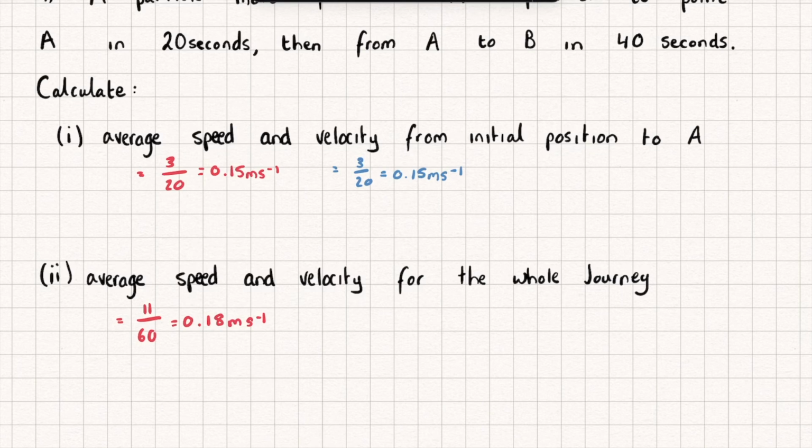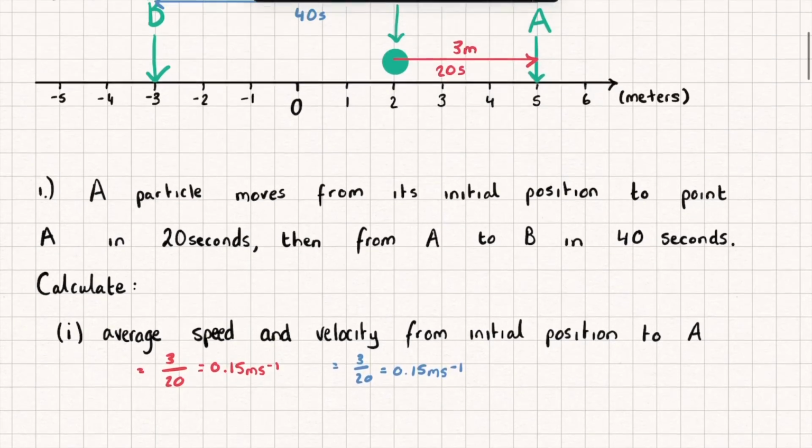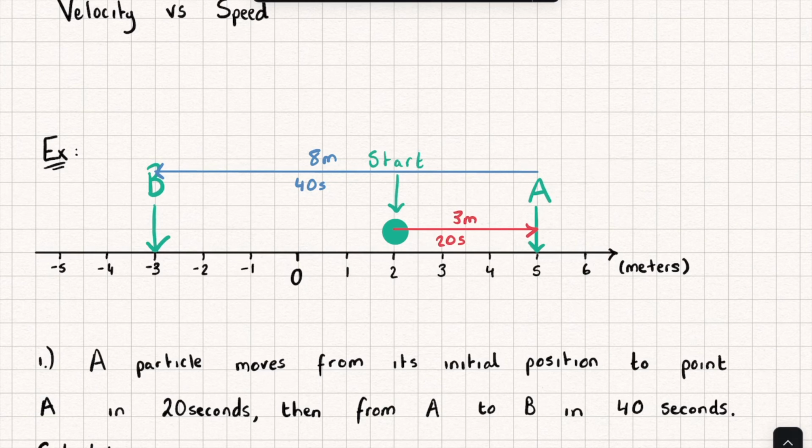Let's now look at the average velocity, which is ever so slightly different. For that we want to look at the total displacement. The object started at the position 2 meters to the right of the origin, and it's finished its journey 3 meters to the left of the origin. And so its total displacement overall for this journey is -5 meters, because it's travelled 5 meters to the left from where it started.